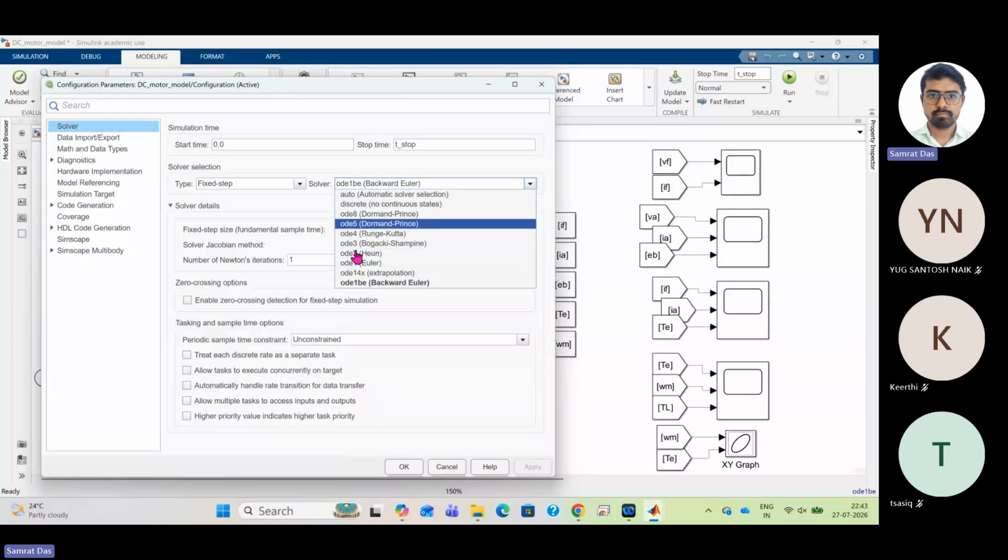You can either search with the names given, or you can look at the help, and you will probably find some write up about all the solver types which are there in MATLAB Simulink, and you will get to learn about the other numerical methods which are also employed.